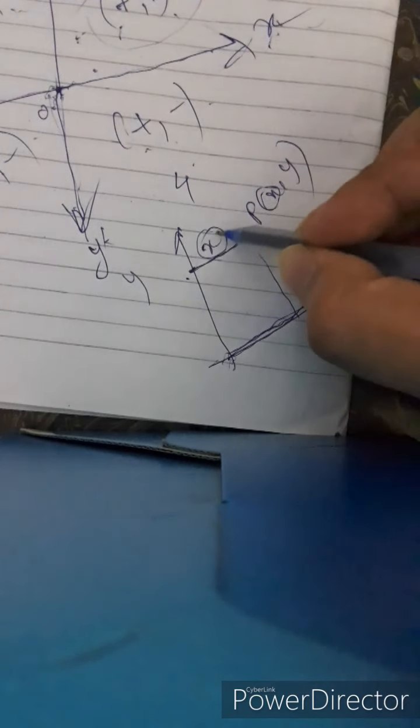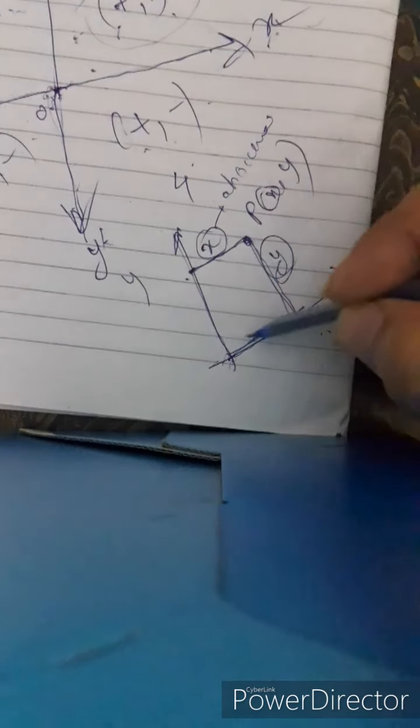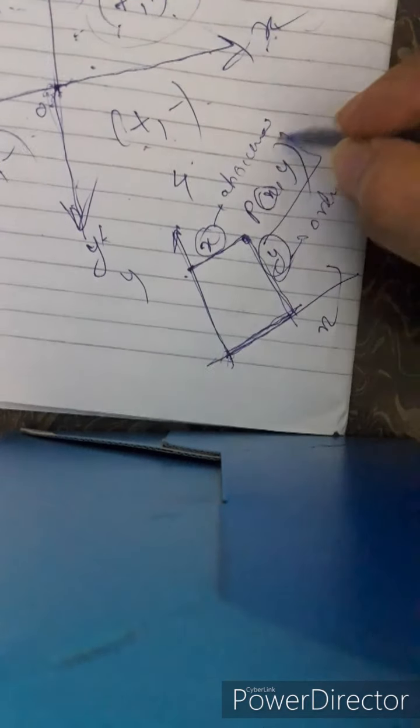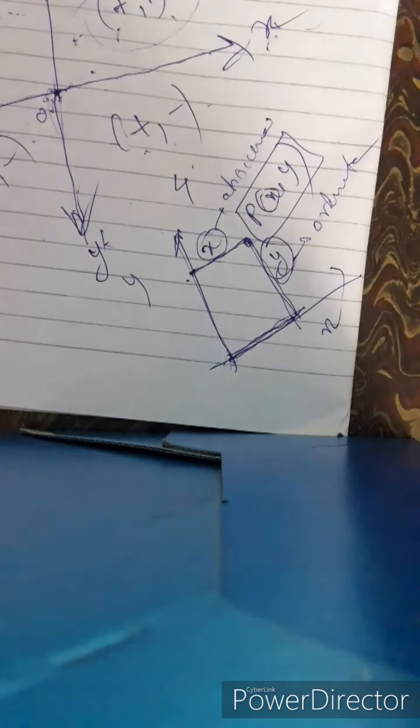This x distance is known as the abscissa, and this y distance, which is measured on the y axis and the distance is measured from the x axis, is known as the ordinate. In simple terms, that becomes the point P(x, y). I hope you are able to understand the concept till now.